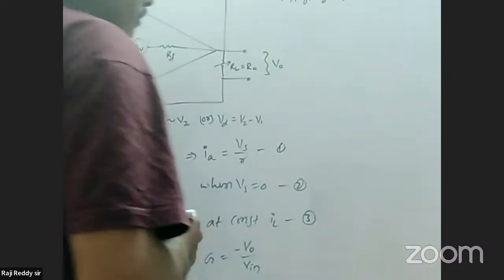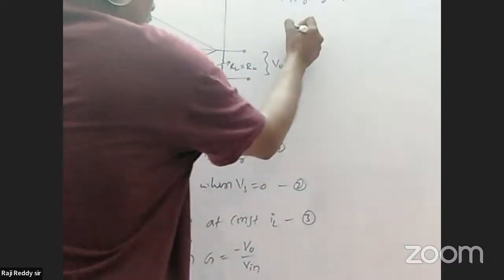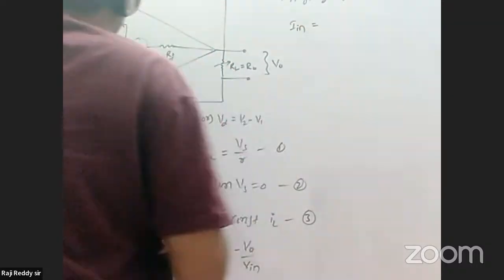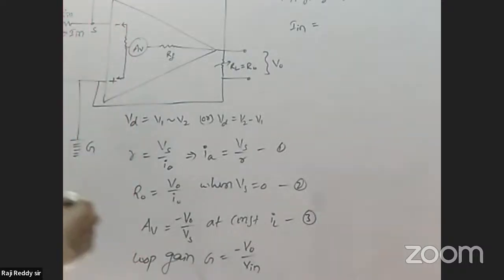Actual thing is, entering current you can say I in, leaving current, one thing is IF, the feedback current, and the conventional current across the voltage gain, nothing but IA.